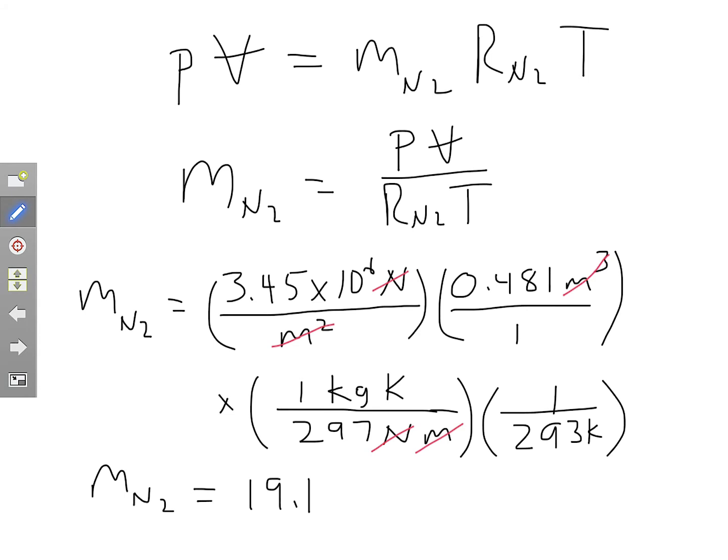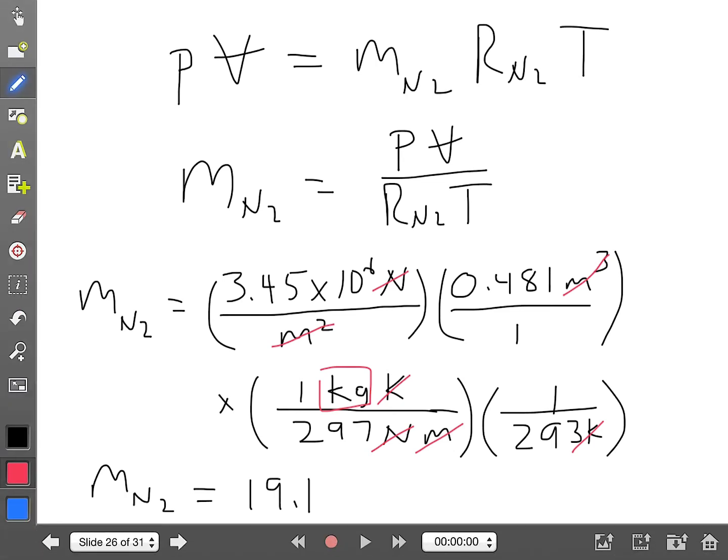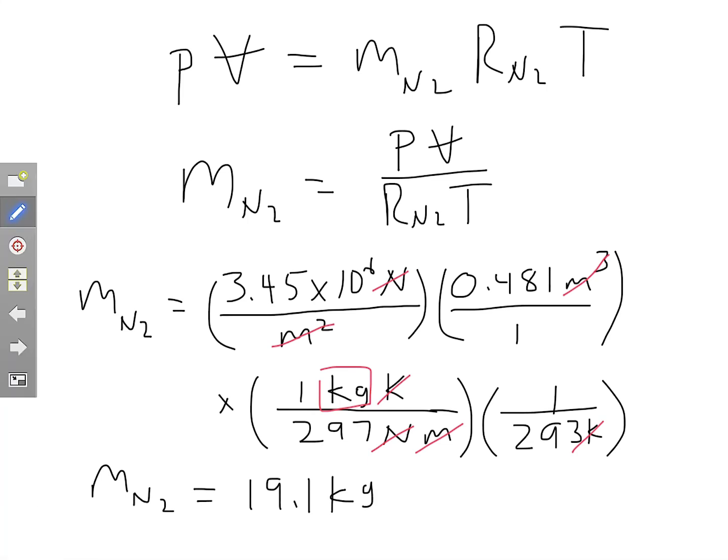And this Kelvin cancels that Kelvin. Everything else is gone except for what? Kilograms. So our final answer is in kilograms, 19.1 kilograms.